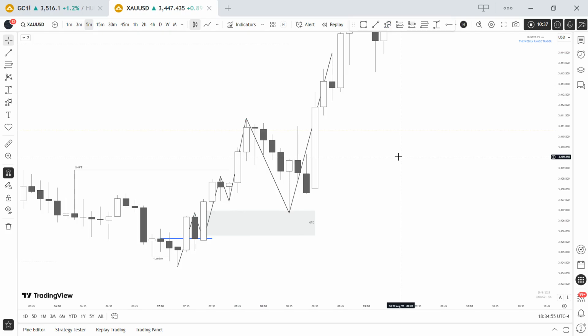Yeah, I have the shift, I have the purge into the OTE. So my position is going to be right here because candle number three opened right here. This is the 8 candle. Remember, 7 is candle number 2, 6 is candle number 1.